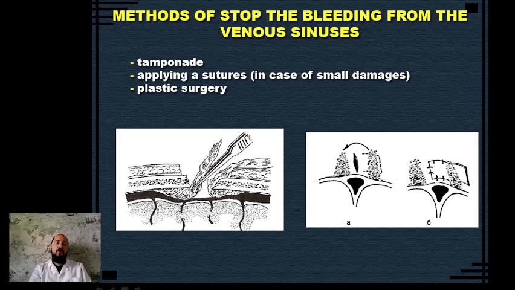Tamponade, shown in this picture, is just introducing the tampons between the venous sinus and the bone, into the epidural space. These tampons squeeze the venous sinus and stop the bleeding. And plastic surgery with sutures is, as in all plastic surgery, just covering the damaged part of the dura mater to stop the bleeding from it.